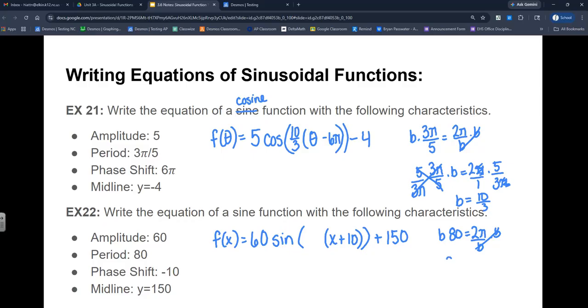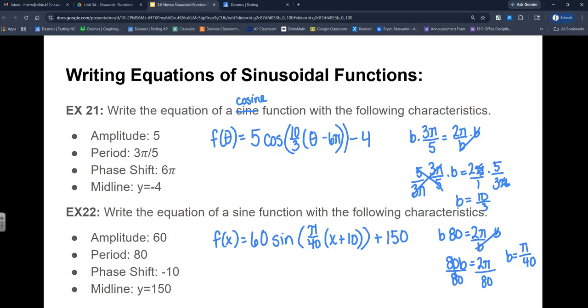That gives me 80b equals 2 pi, and I would divide by 80. And so b is 2 pi over 80. That will reduce to pi over 40 if we divide the top and bottom of that fraction by 2. So pi over 40 is the b value.